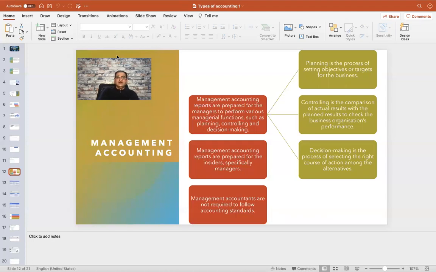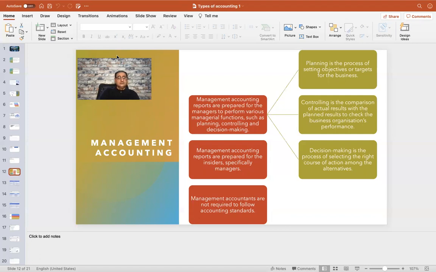So management accountants are also involved in the preparation of management accounting reports. But these management accounting reports are prepared for the managers, so that the managers can perform different managerial functions.